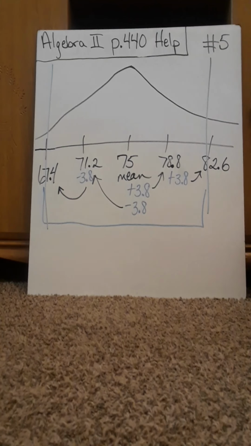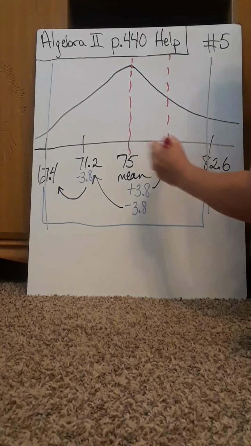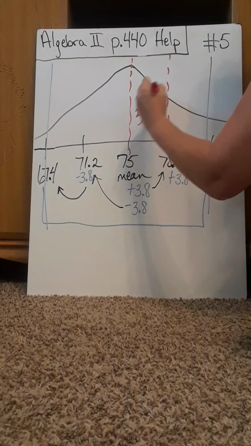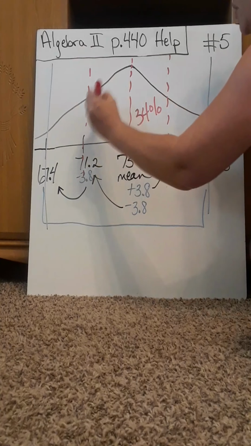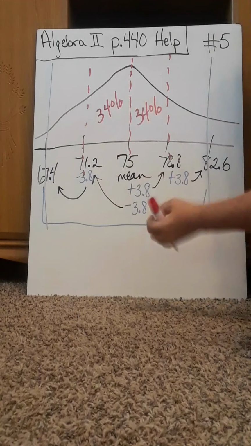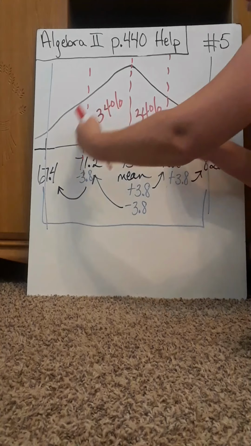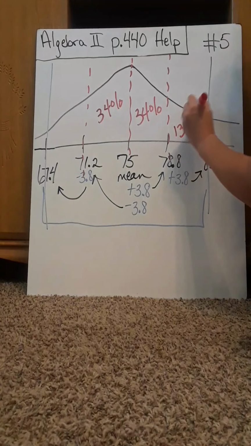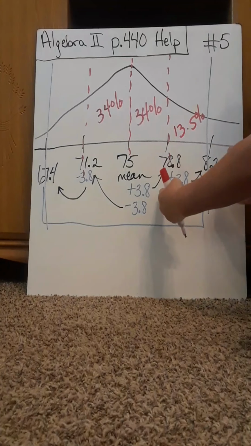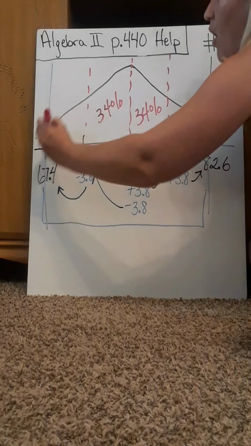Remember that there are certain percentages of your data within each of these sections. So 34% of your data is here. Another 34% of your data is in this section. So as you go one standard deviation away from your mean, you have 34% of your data on each side. Between 1 standard deviation and 2 standard deviations is another 13.5% on both sides.